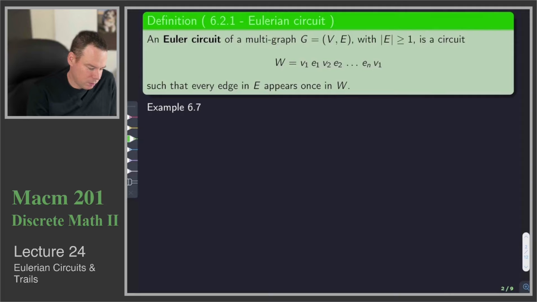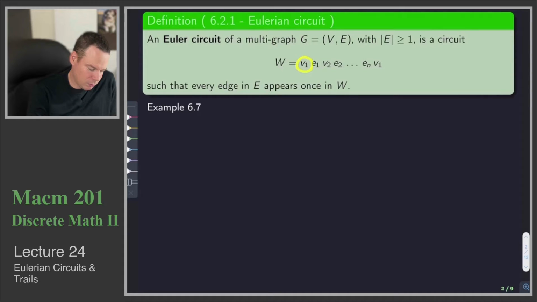An Euler circuit, often referred to as an Eulerian circuit, of a multigraph which has at least one edge, is a circuit, here I've called it W, and a circuit consists of a vertex followed by an edge, then a vertex followed by an edge, and so on, such that every edge in E, so every edge of the graph, appears once in this circuit W. So E1, E2, all the way up to En, those are going to be all of the edges in the graph, and they're going to be used exactly once.